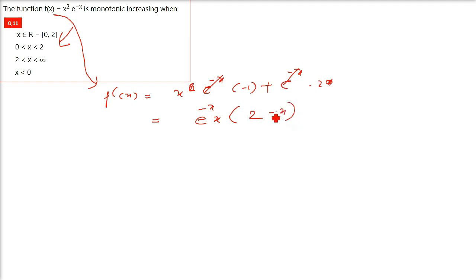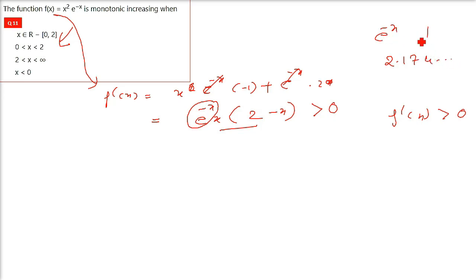Now you can take x outside common. I am making x 2 minus x as x minus 2, because it is saying that f dash x is greater than 0. So when you have greater than 0, what are you going to get? E raised minus x. E raised minus x is what? See, e is a constant number. I told you already in the previous discussion, e is 2.718.